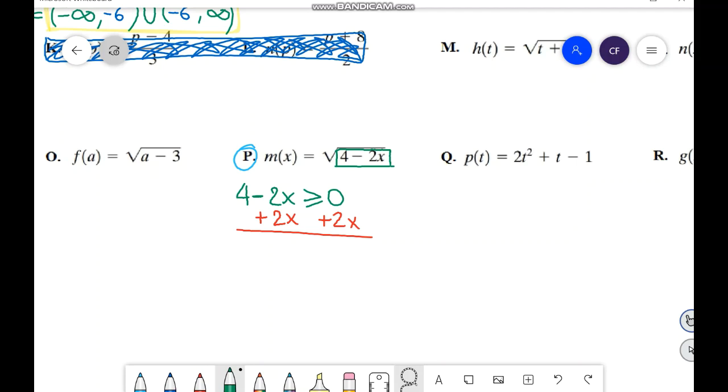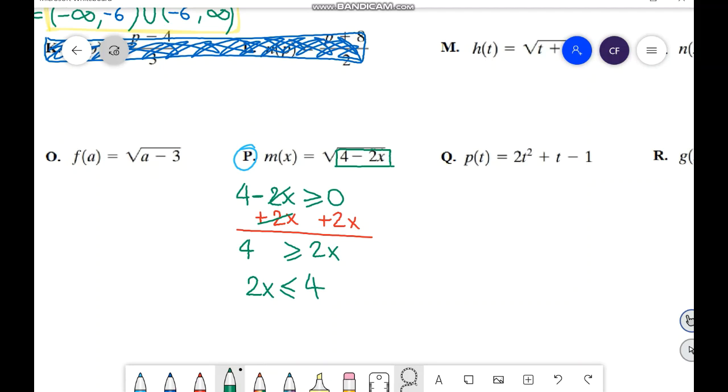See, we're adding 2x. So 4, negative 2x plus 2x, 0, greater or equal than 2x. We can switch sides, but don't forget to flip the inequality symbol, right? So we have 2x is less or equal than 4.